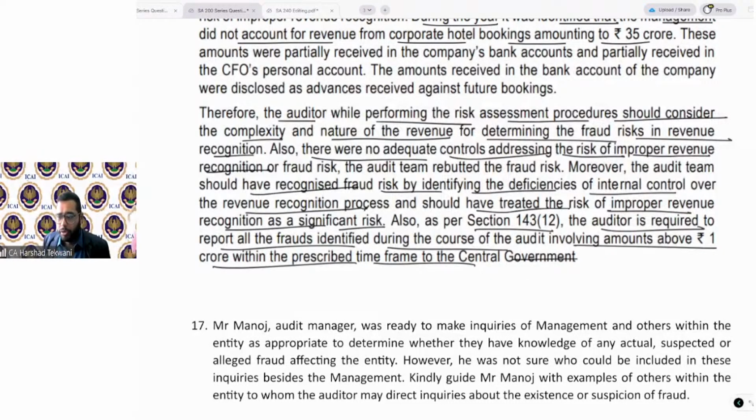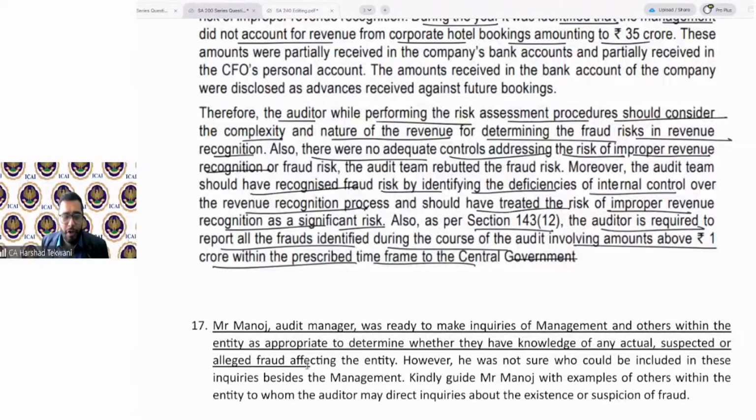Mr. Manoj, audit manager, was ready to make inquiries of the management and others within the entity as appropriate to determine whether they have knowledge of any actual, suspected or alleged fraud affecting the entity. So he was ready to make the inquiries. However, he was not sure who could be included in these inquiries besides the management.